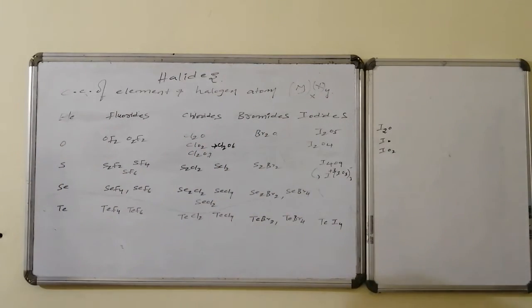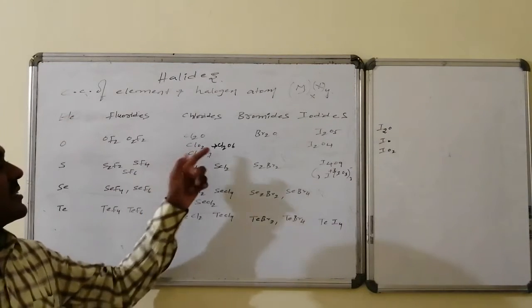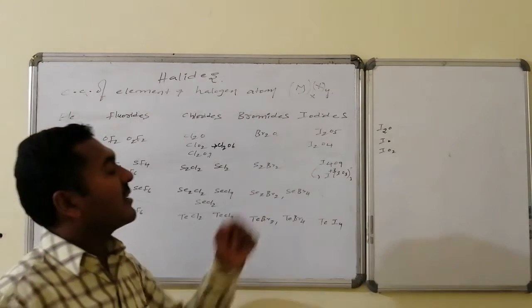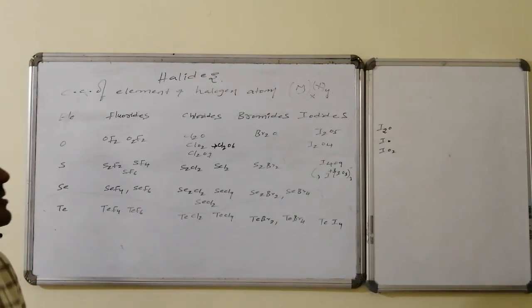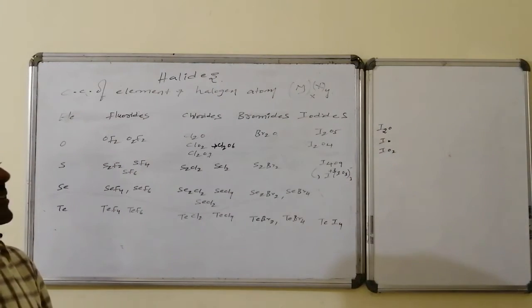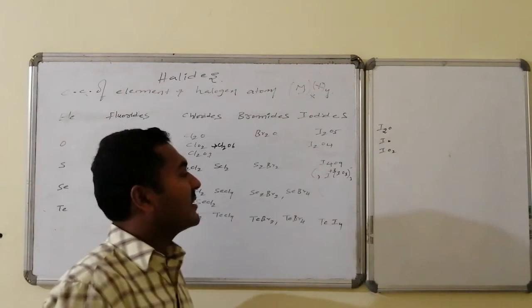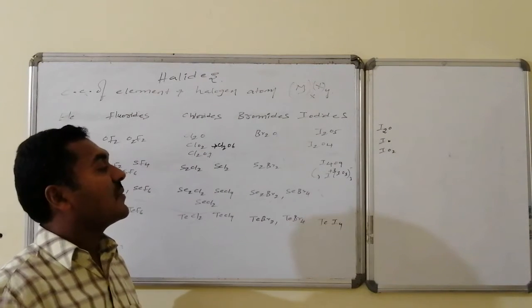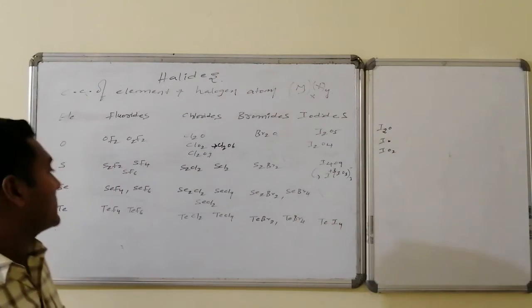This is oxygen difluoride, this is dioxygen difluoride, this is dichlorine monoxide, this is chlorine dioxide, chlorine hexoxide, chlorine heptoxide, and similarly iodine-related compounds, that is iodine pentoxide, iodine tetroxide, diiodine oxide, iodine dioxide, I4O9, which is present in the form I3+ IO3− thrice.